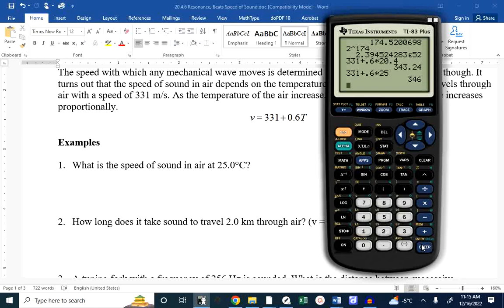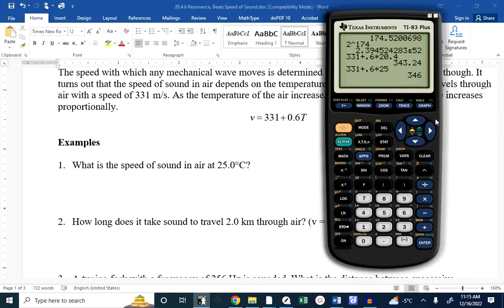actually the time it takes the sound to travel that distance. Okay? So for each second, let's say we're 25 degrees outside, for each second of delay, it's traveling 350 meters. In 3 seconds, it travels about a kilometer.